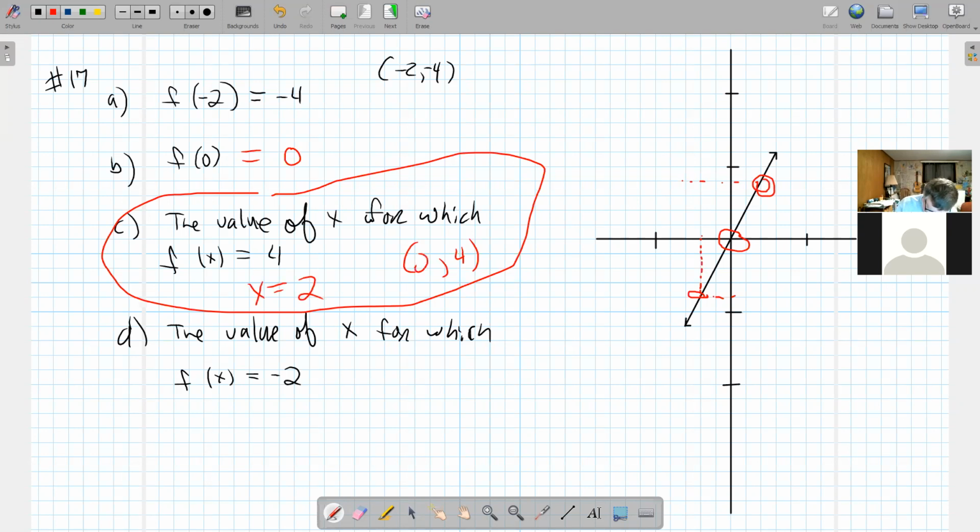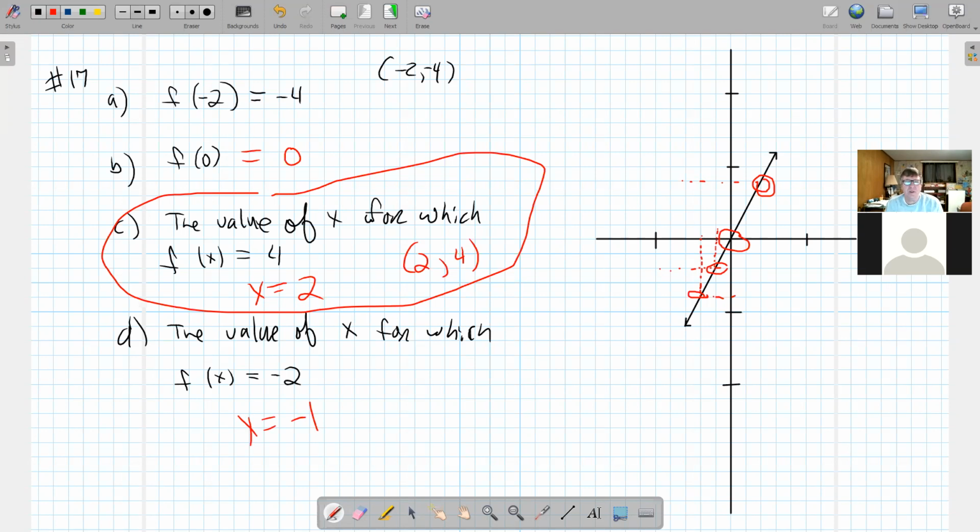Then it says find the value of x for which f of x equals negative 2. Well, f of x equals negative 2 would be right there. So what's the corresponding x value? Negative 1. Yeah.